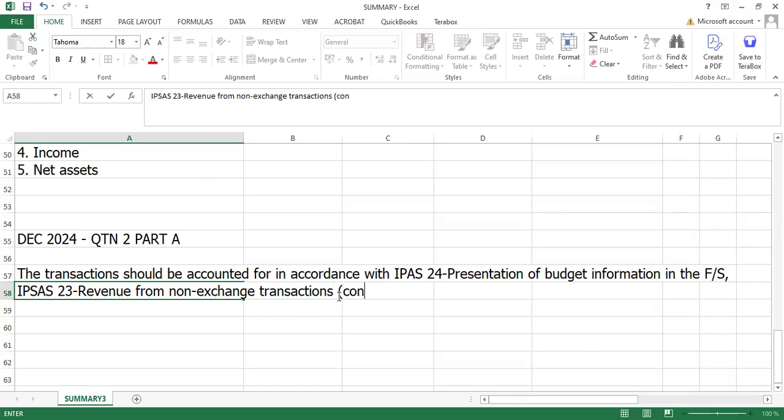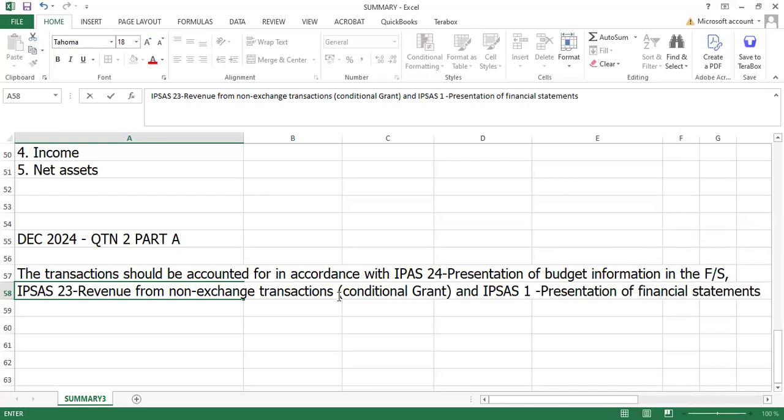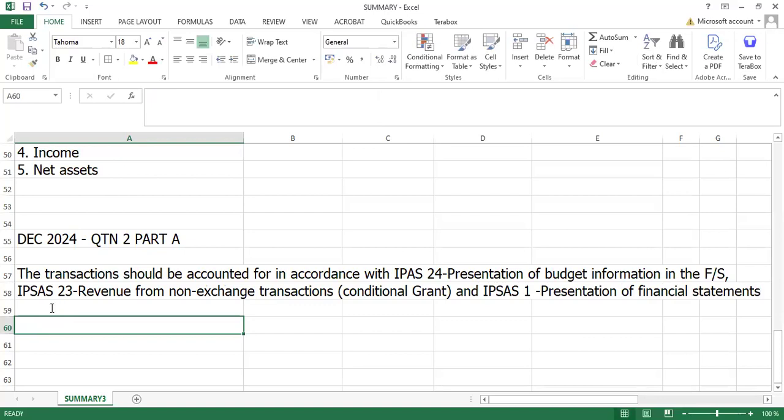We have the conditional grant. Then we can say and IPSAS 1, which is about presentation of the financial statements.